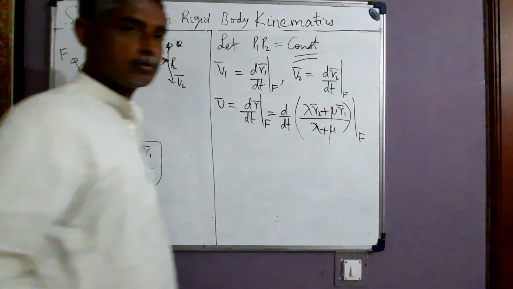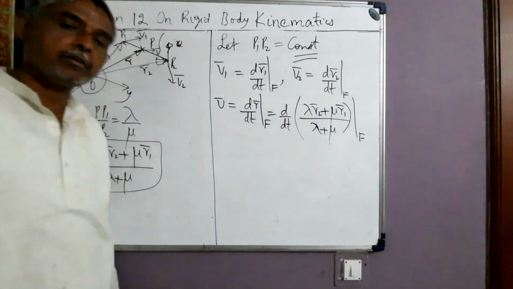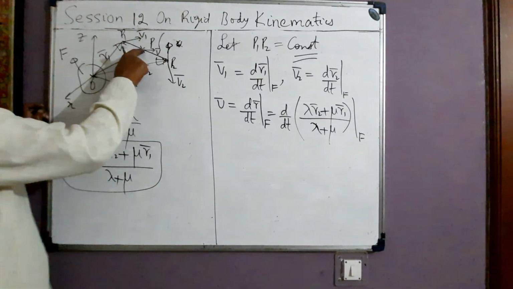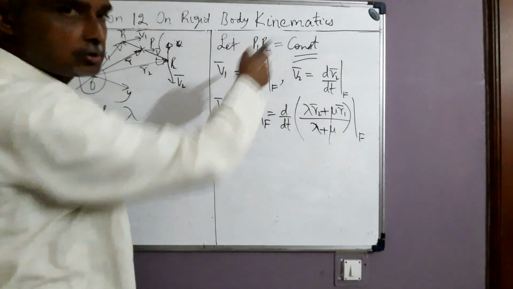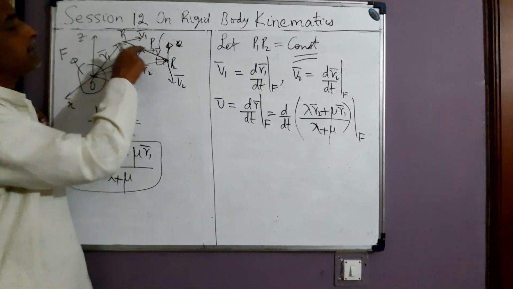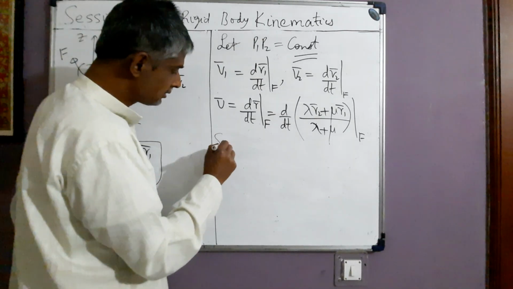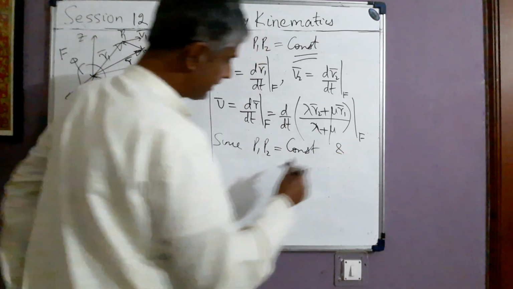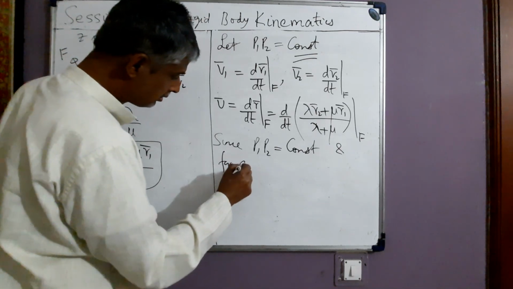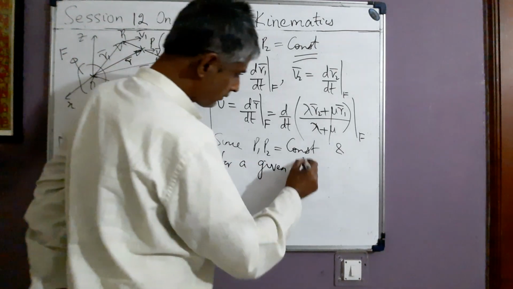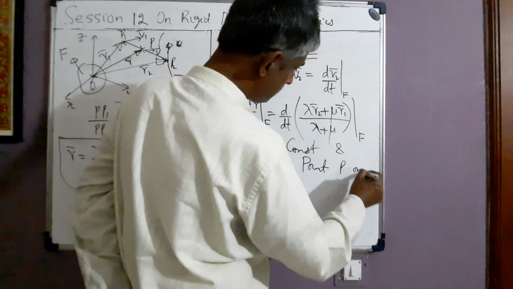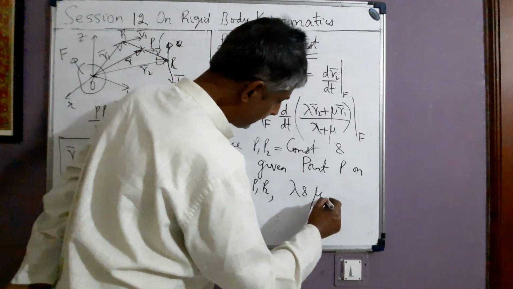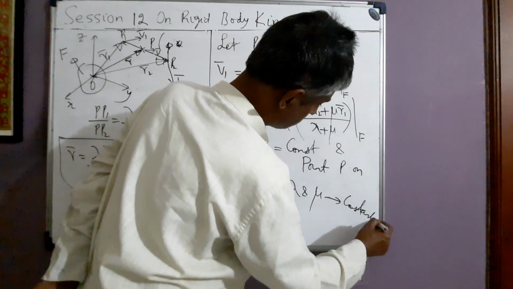We differentiate this in frame F. Now suppose for a given choice of point P, since the distance P1 P2 is constant, therefore for a given point P on line P1 P2, lambda and mu are both constants.